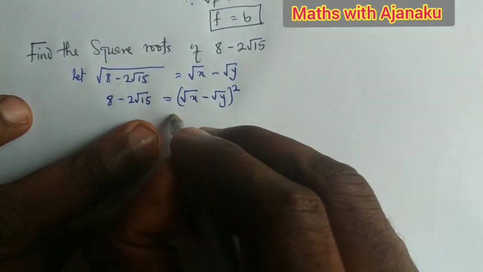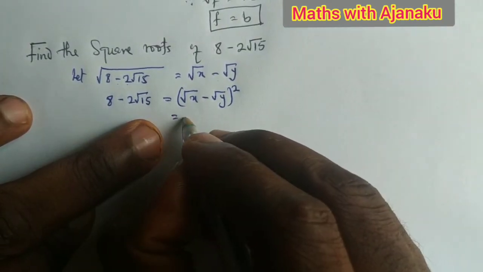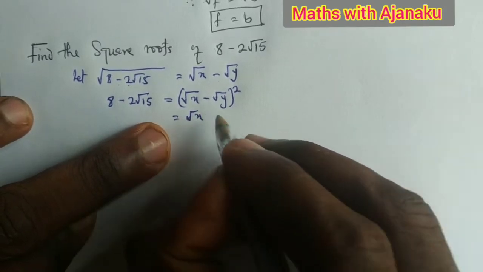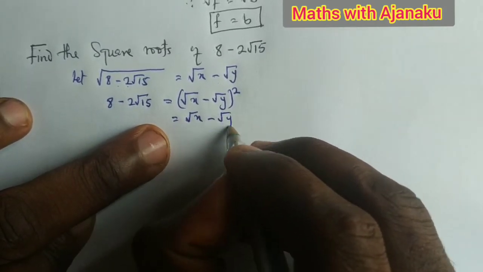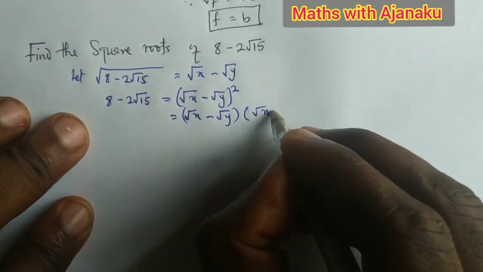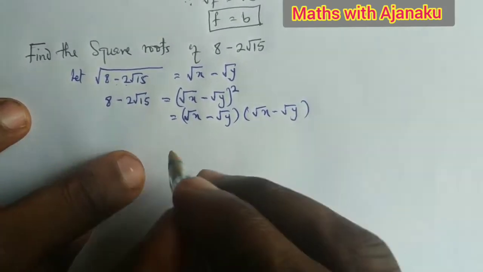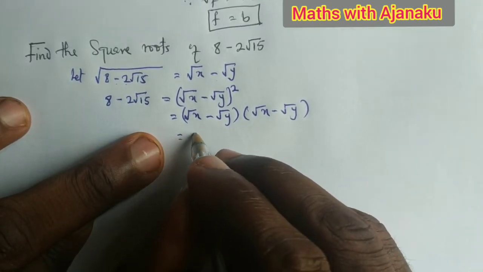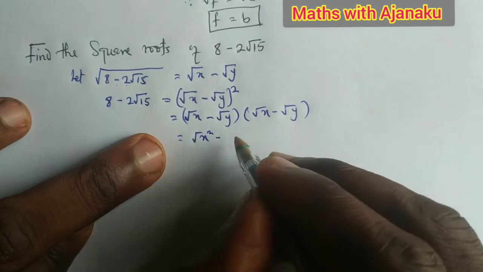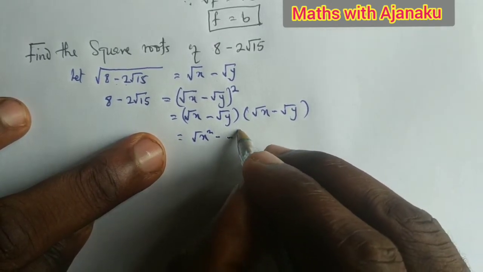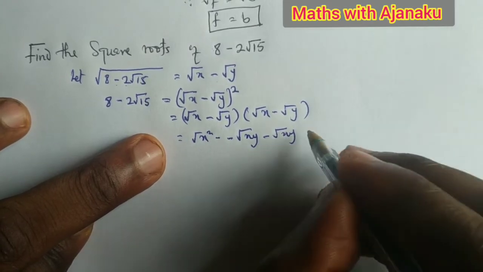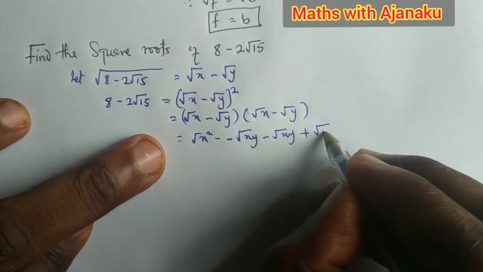Now expanding this will give me just normal expansion of surd. This will give me root x minus root y multiplied by root x minus root y. By so doing, this will give me root x raised to power 2 minus root xy minus root xy plus root y raised to power 2.